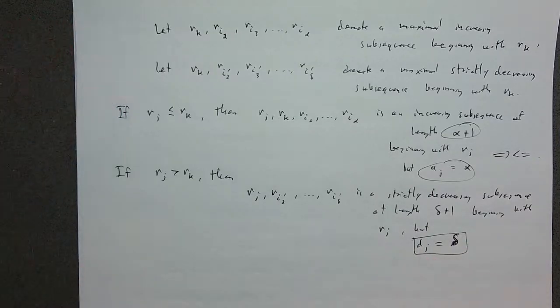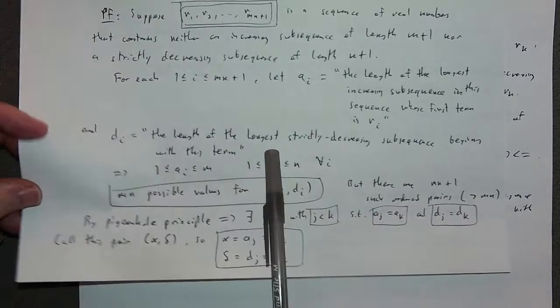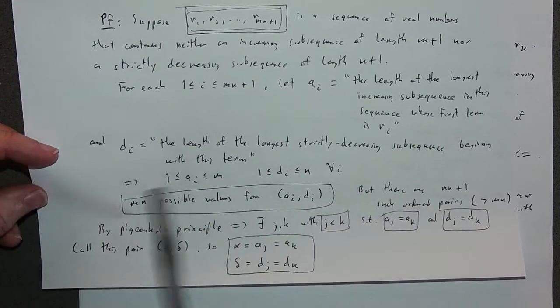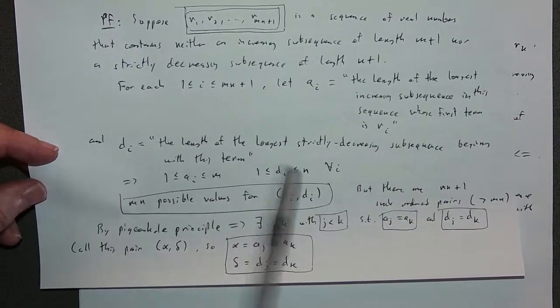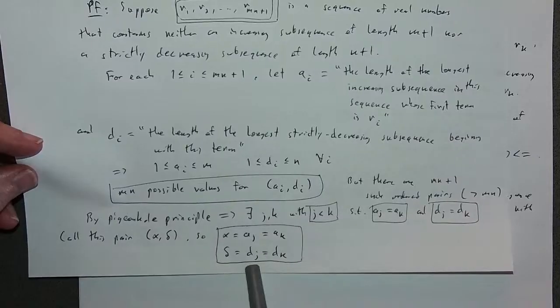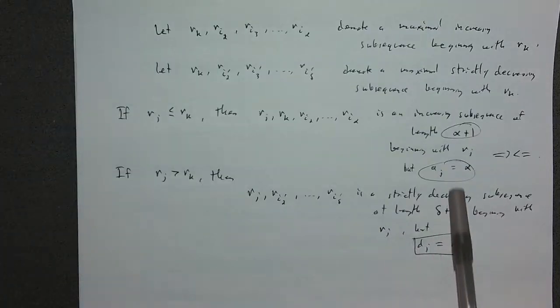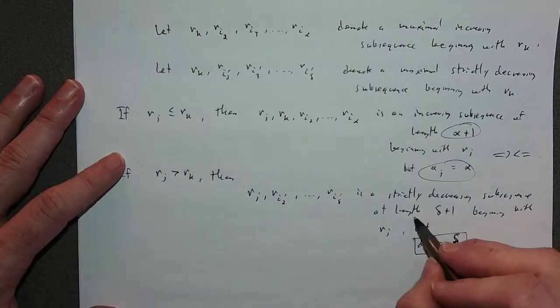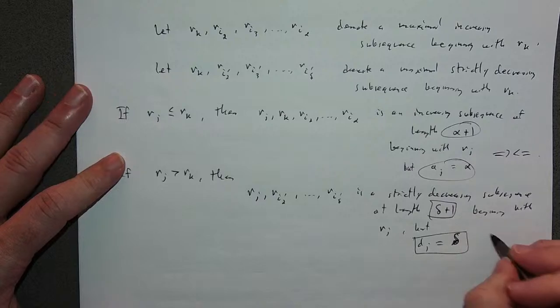And d sub j is supposed to be the length of the longest strictly decreasing subsequence beginning with r sub j. But delta is d sub j. But then I constructed a strictly decreasing subsequence of length delta plus 1. So again, contradiction.